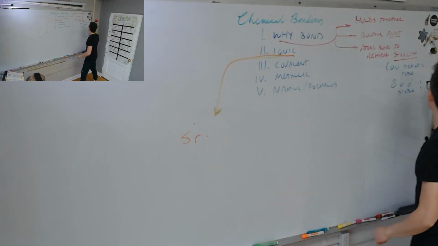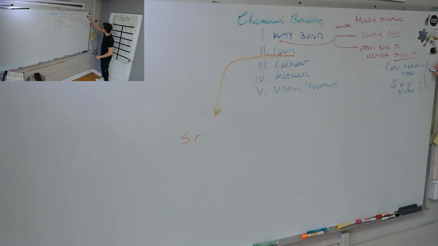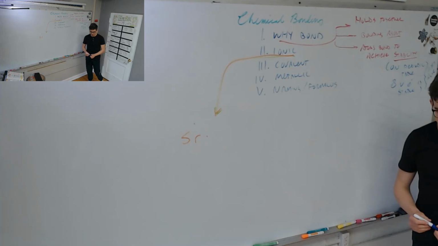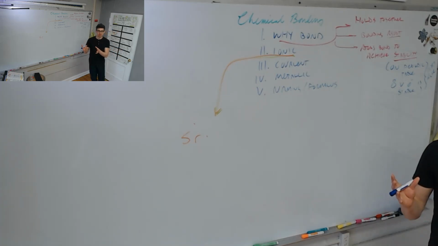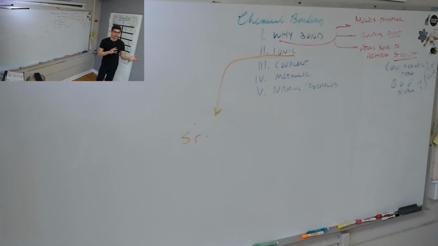Remember, this is called the octet rule. We talked about that last time. In its fullness of expression, we would say that the octet rule is that atoms are more stable with 8 valence electrons, except hydrogen and helium, which are stable with 2. We just consider that to be part of the octet rule. So they're not really exceptions, they're just specific circumstances.